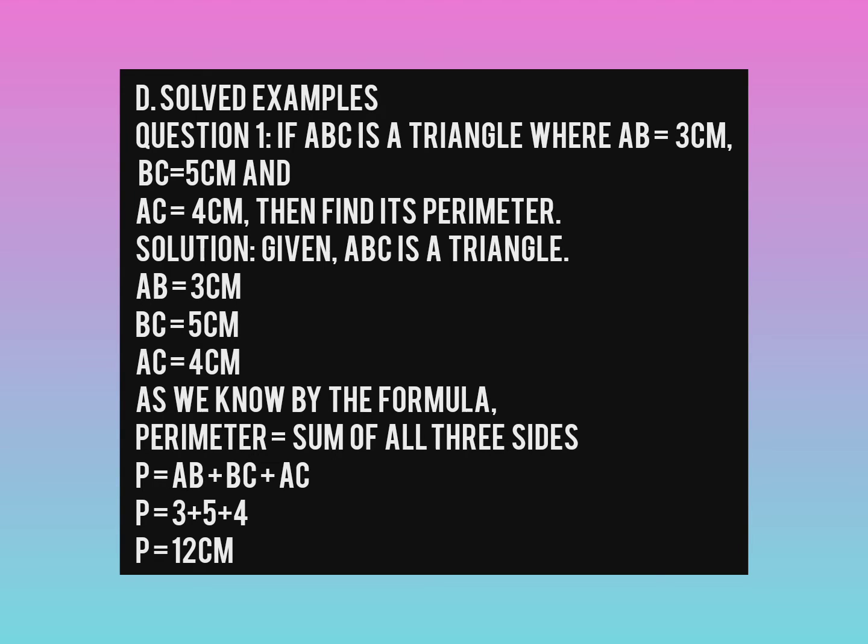Given ABC is a triangle, AB equals 3 cm, BC equals 5 cm, AC equals 4 cm. As we know by the formula, perimeter equals the sum of all three sides. P equals AB plus BC plus AC. P equals 3 plus 5 plus 4 equals 12 cm.